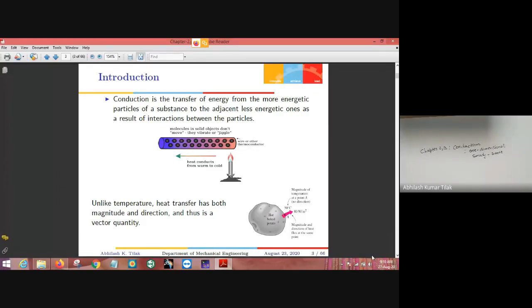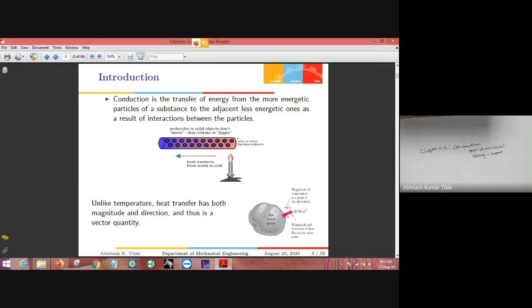If you take an example of any body and point out the amount of heat transfer taking place from it, then you can have a particular value or magnitude. Now if you want to specify the value of temperature at a particular point, you need to first specify that point's location.